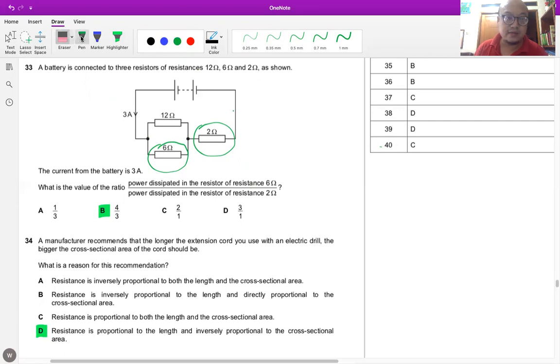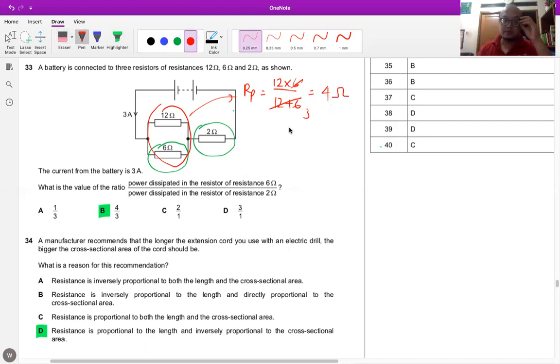We have a resistor combination, this parallel between 12 and 6 is RP, 12 times 6 divided by 12 plus 6, this is 4 ohms. Then we can find V on the parallel. It's IR, I is 3 ampere, 3 times 4, this is 12 volt.